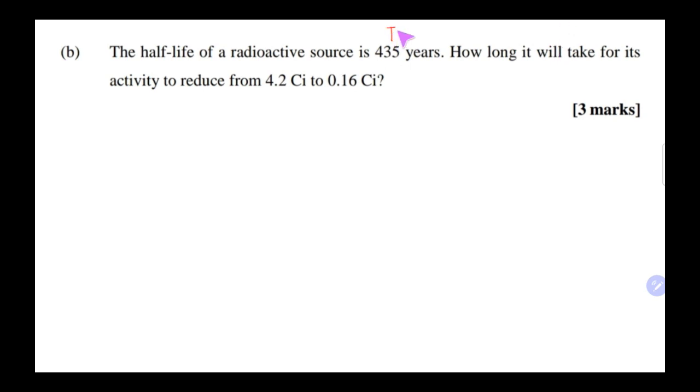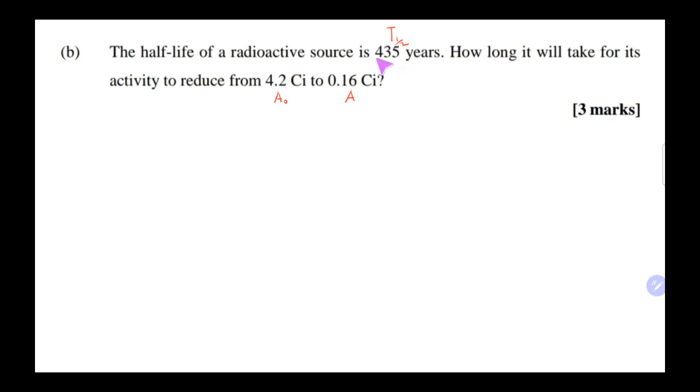Then we have the initial activity, which is A naught, and the final activity, which is A. But remember the unit is just Curie, so this is not our SI unit, isn't it? So we need to convert it to SI unit. But it depends on the situation. For any ratio method, it's okay to use Curie because they will cancel each other. We just check it first.